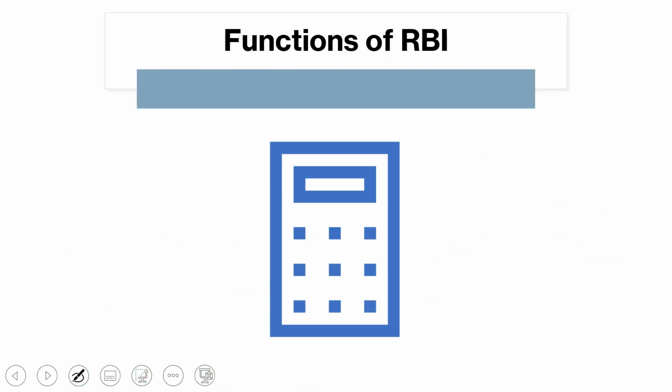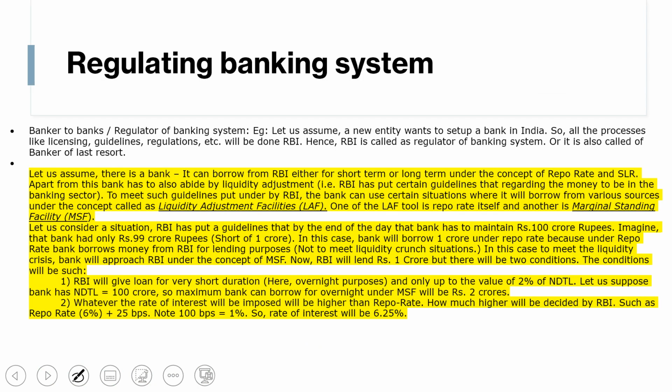So moving ahead, what are the functions of RBI? What is RBI? RBI is known as the banker of last resort. Why? We will see. Banker to banks, regulator of the banking system, that is RBI. Let us assume a new entity wants to set up a bank in India.